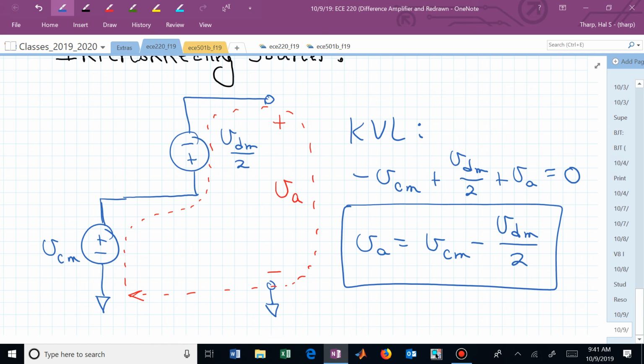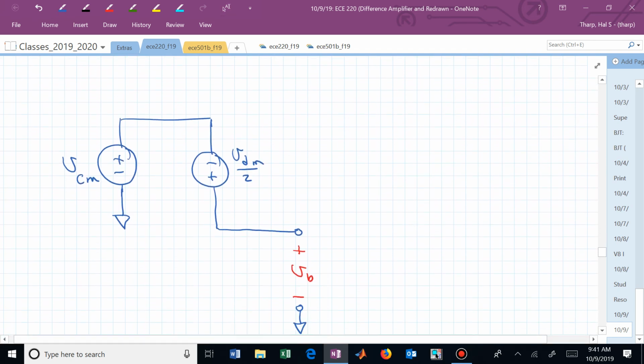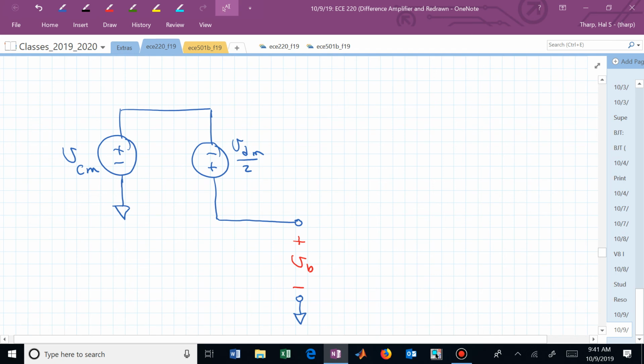And I think you can maybe anticipate by the structure of how I've drawn this how I'm going to now use this in the differential amplifier setting. But before we get there, let's just do the same strategy for V sub B. And now I'm just going to do a KVL this way.